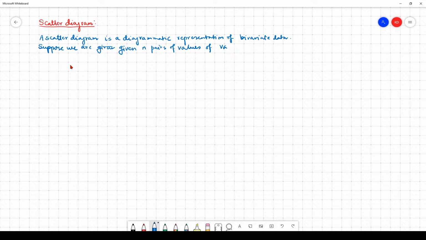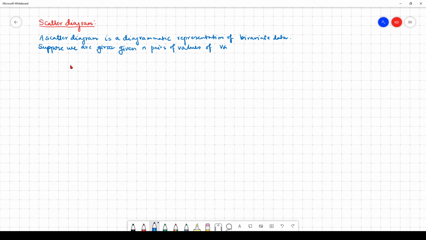Suppose we consider any value that lies between y0 to y1, then the corresponding frequencies of this class give the conditional distribution or array distribution of x given y.